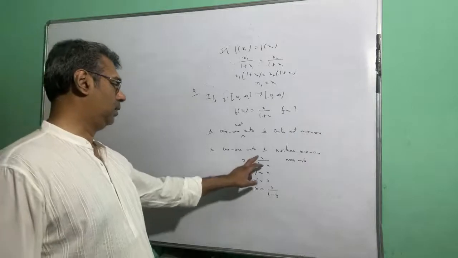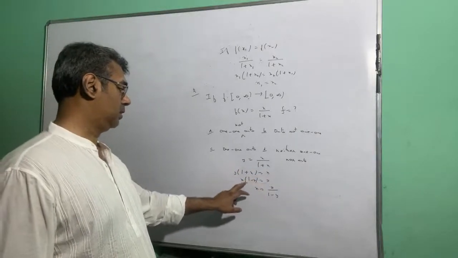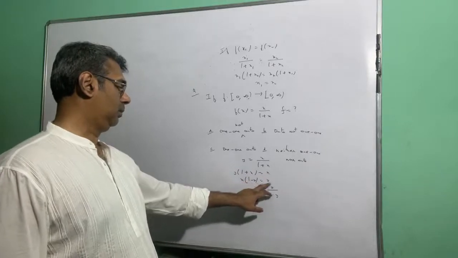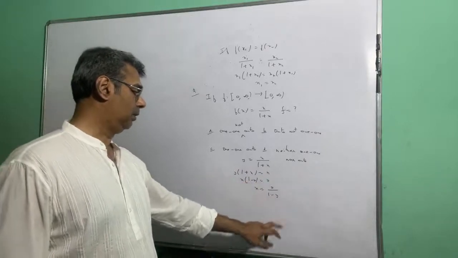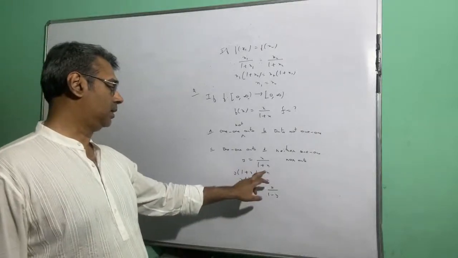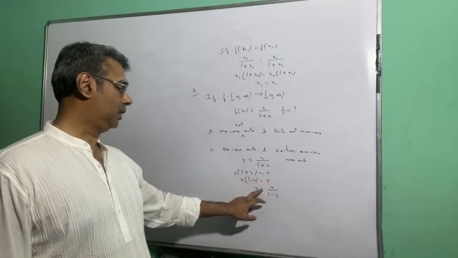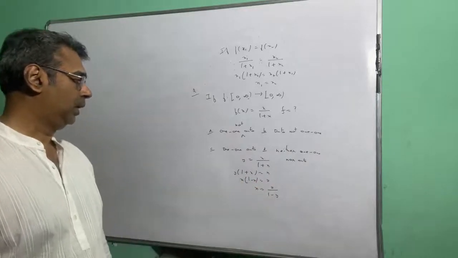So y into 1 plus x is x. So x into 1 minus y is y. So x is y by 1 minus y.